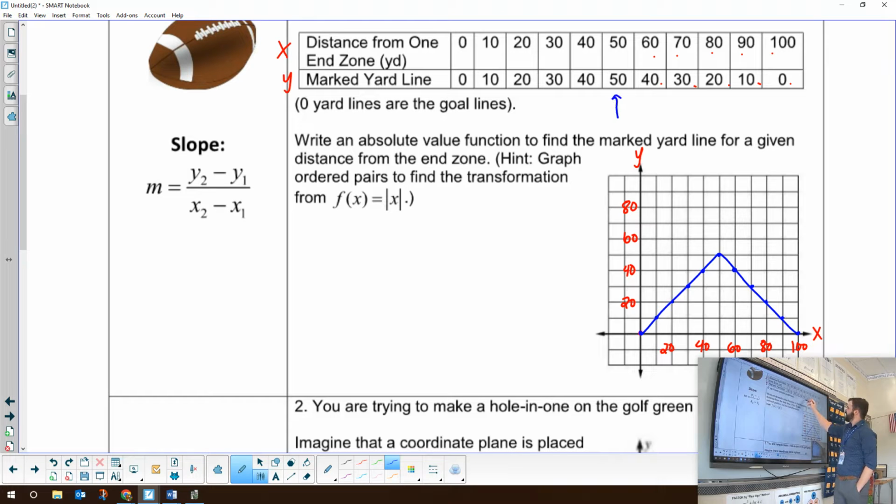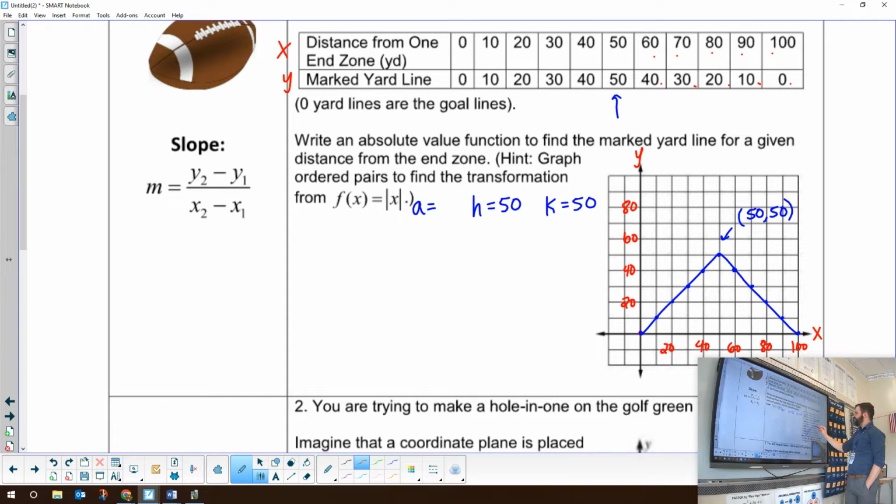We can see that that is my vertex, right? We have a vertex of 50, 50. And so I can write my equation. That means my h is 50. That means my k is 50. However, I am missing what my a is. So to find my a, remember what we do. We are going to count on the graph and see.